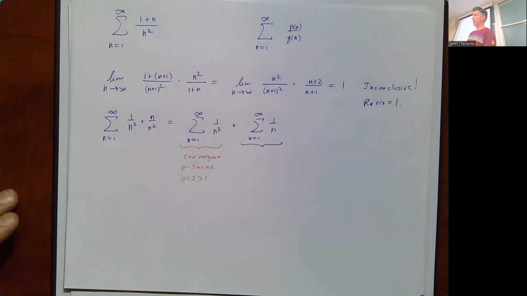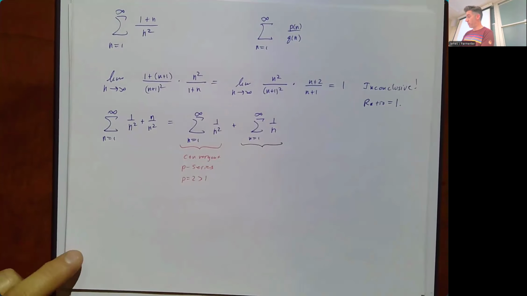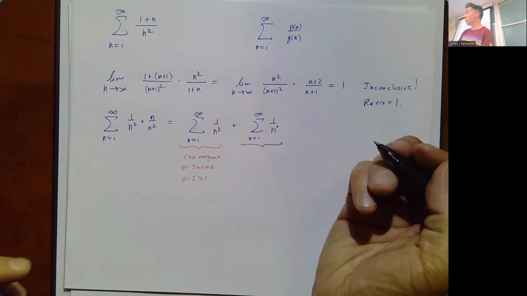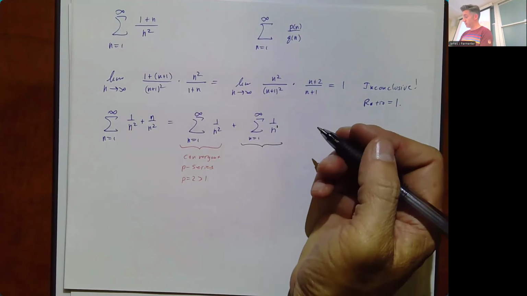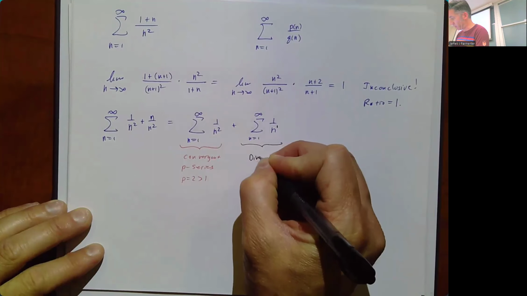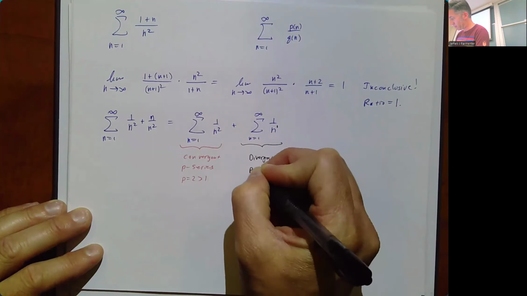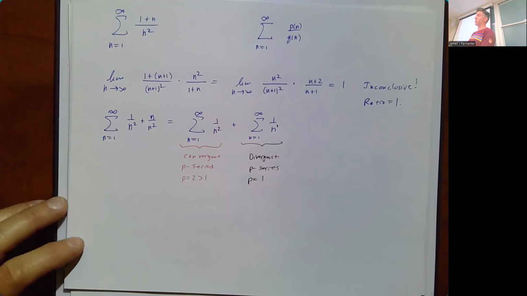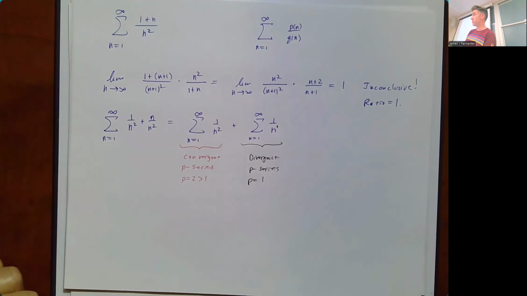Is this one convergent or divergent? It's actually divergent. So the power is 1 over n to the first, and my p equal to 1 means the series is divergent. Divergent p series because p is exactly equal to 1. Also called the harmonic series.